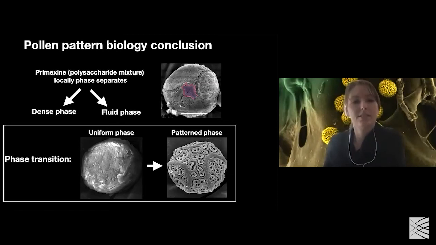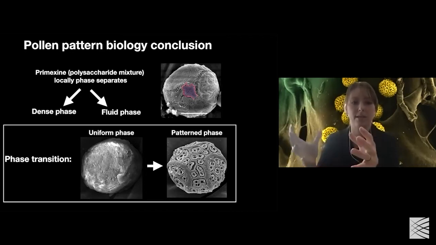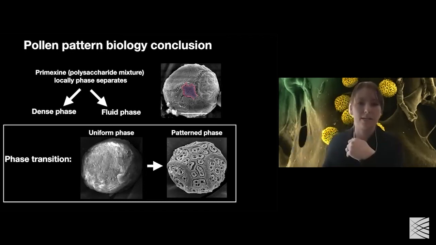So this is a little bit confusing language because you have the word phase literally everywhere. So I just want to reiterate this to make sure everybody understands. So a dense phase is essentially a maybe chemically different material that consolidates in a different way than the fluid phase, but it's all still going to be this polysaccharide mixture. But you can argue that maybe you have one type of polysaccharide that's in this dense phase, and then you have another type of polysaccharide that's in this fluid phase.